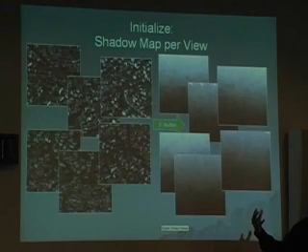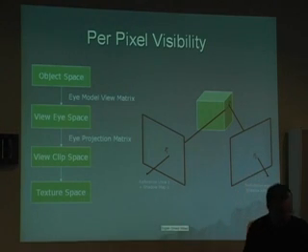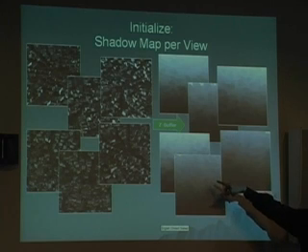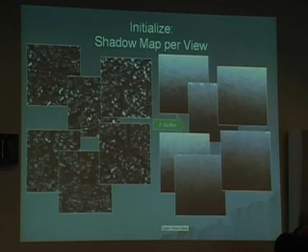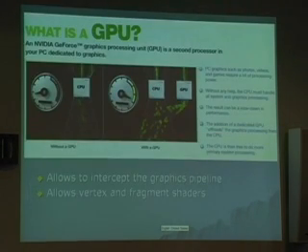Then I compare the height in the Z buffer to the height in these maps, and by a simple comparison, I can know whether that point is visible or not. That's typical shadow mapping, and it works here as well, and that enables me to determine the visibility. That's what this slide is all about. I'm sure most of you are familiar with it, so I won't get into the gory details. It allows me to determine per pixel visibility very efficiently.